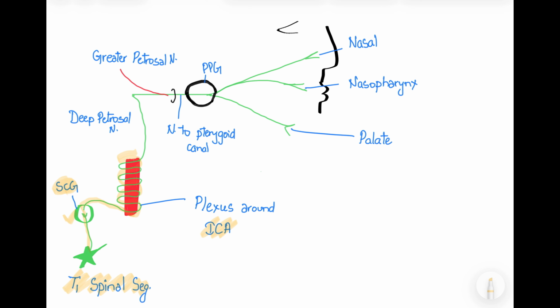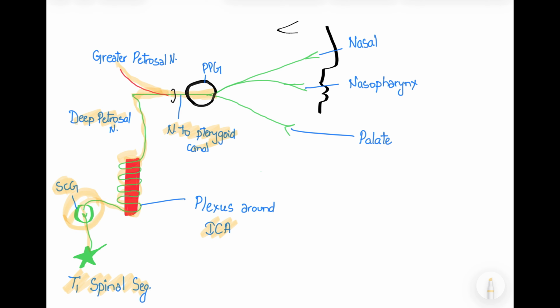Then the fibers enter through the deep petrosal nerve. On the way to the ganglion, the greater petrosal nerve joins with the deep petrosal nerve, forming the nerve to the pterygoid canal, which passes through the ganglion without relaying, because the relay has already occurred in the superior cervical ganglion.